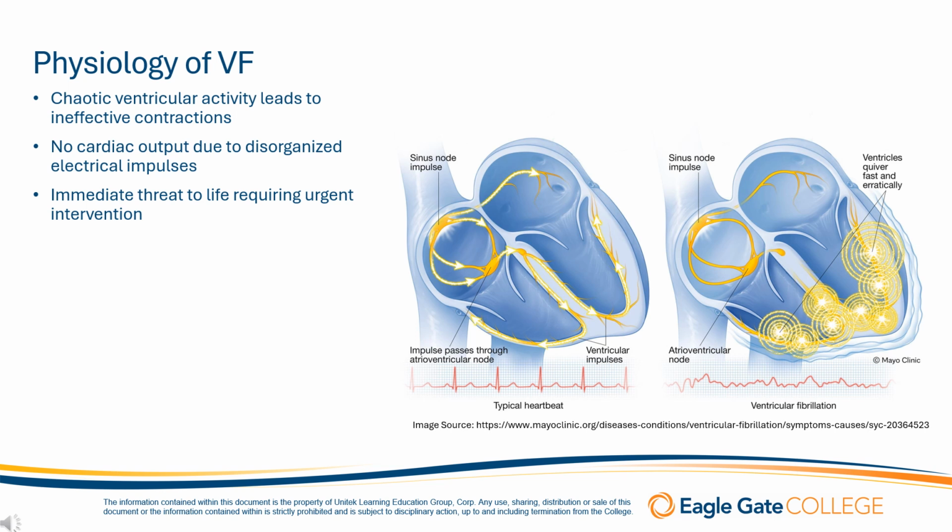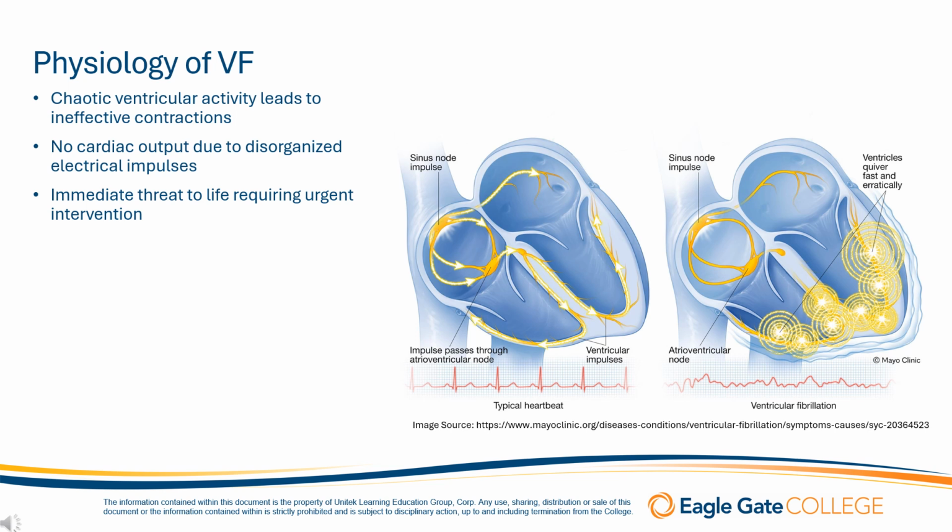In VFib, this orderly process is completely disrupted. The ventricles experience chaotic electrical activity originating from multiple ectopic foci within the ventricular myocardium. This prevents the ventricles from contracting in a synchronized manner. Instead of effective coordinated contractions that pump blood, the ventricles merely quiver ineffectively.